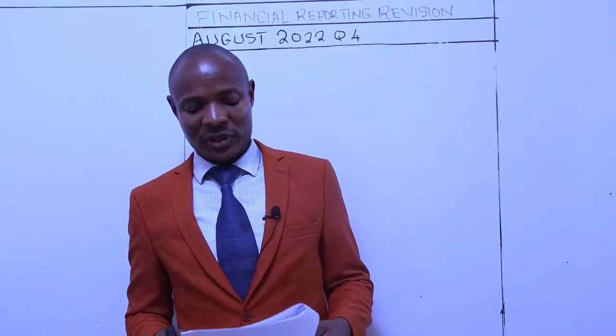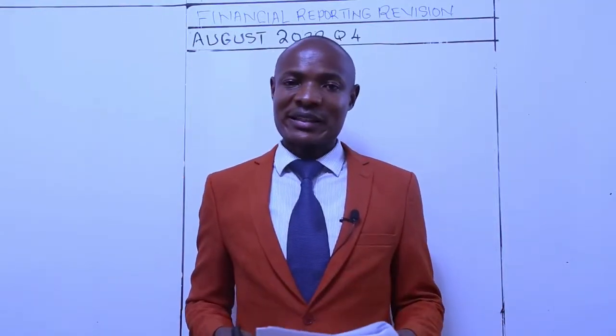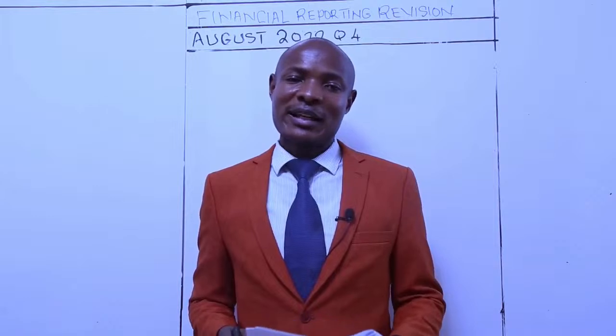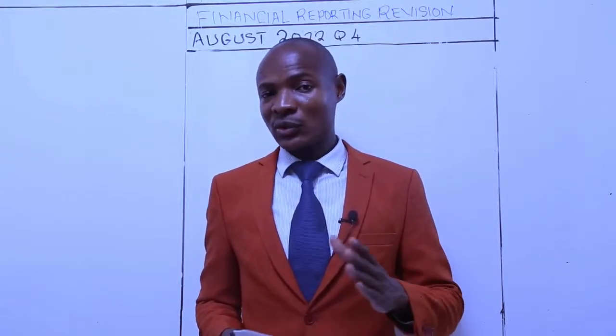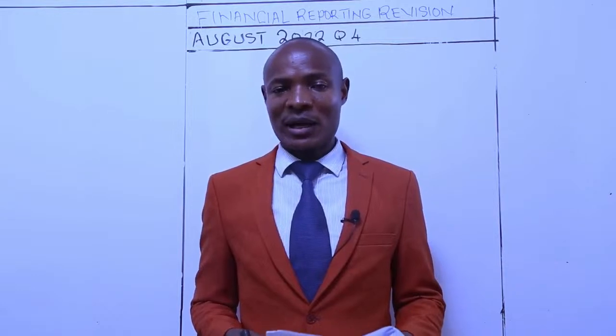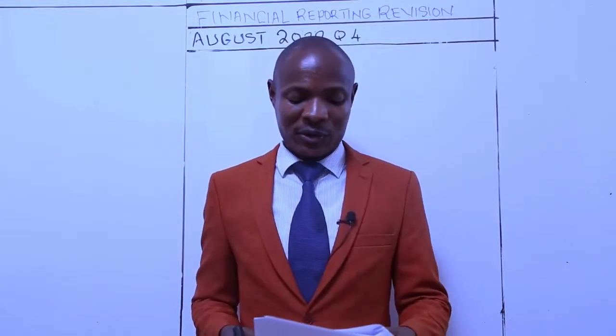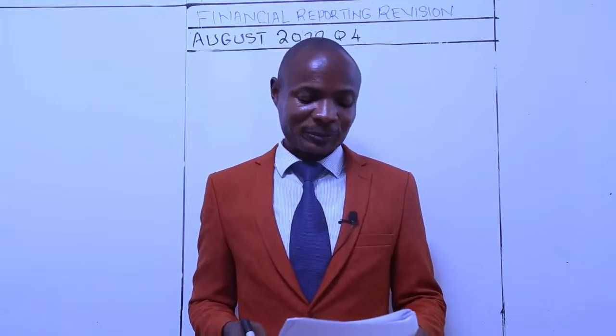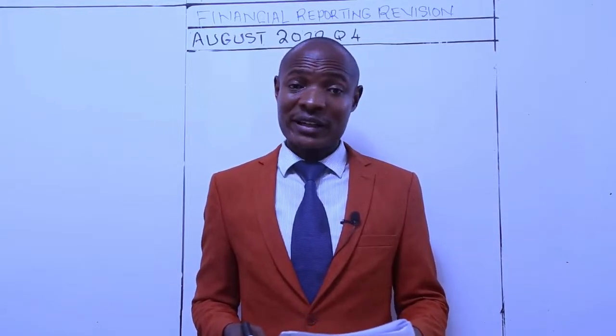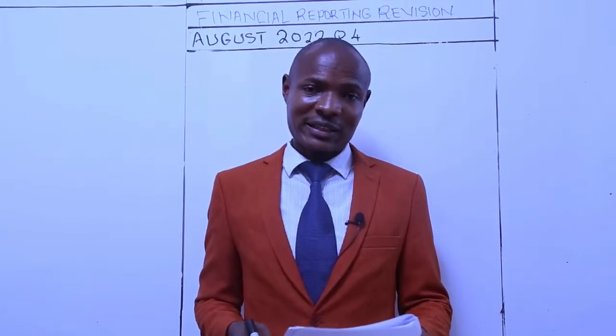So this question is concerning IFRS 16, which talks about leases. Remember, this was transited from IAS 17, which also used to talk about leases. But now, according to the amendment that was done, we'll be following the requirements of IFRS 16, that is leases.